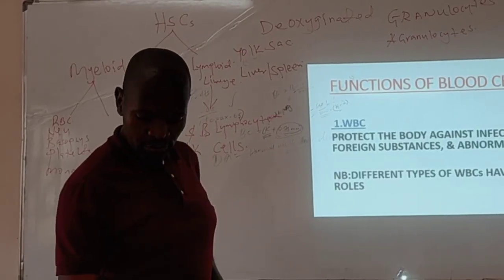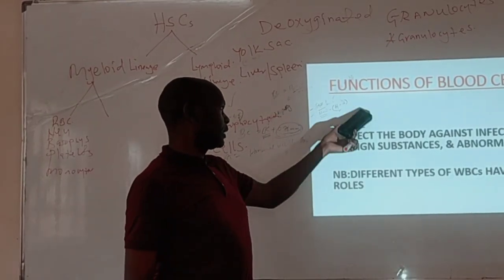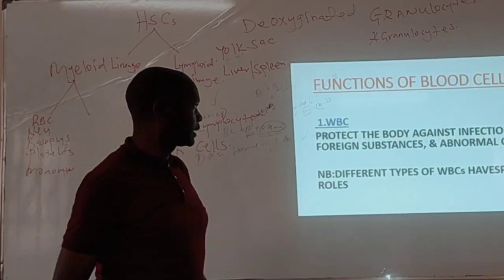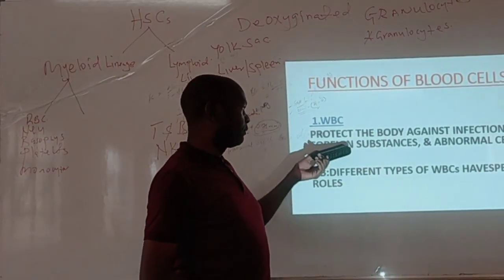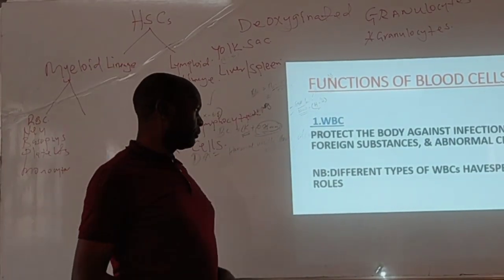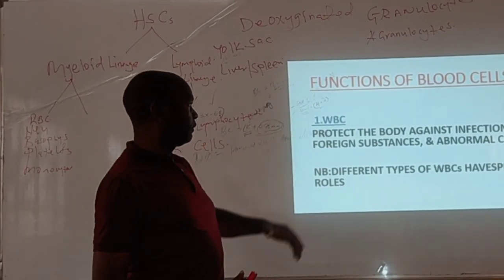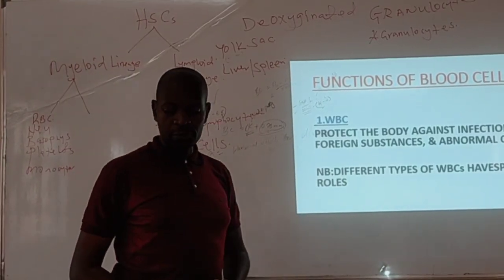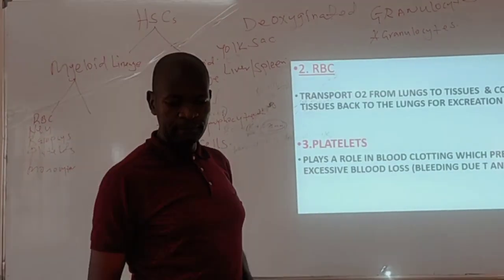As you have seen earlier on, we have different types of white blood cells. Generally, they play a role in protecting the body against infections, foreign substances, and abnormal cells. But when you narrow down, you find that every type of white blood cell is differentiated to perform specialized functions.